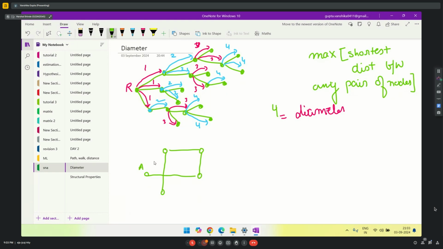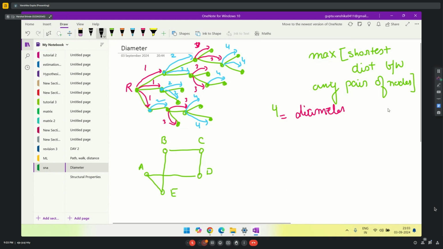Let's say this is A, B, C, D, and finally E. If such a scenario is given and you are asked to find the diameter.